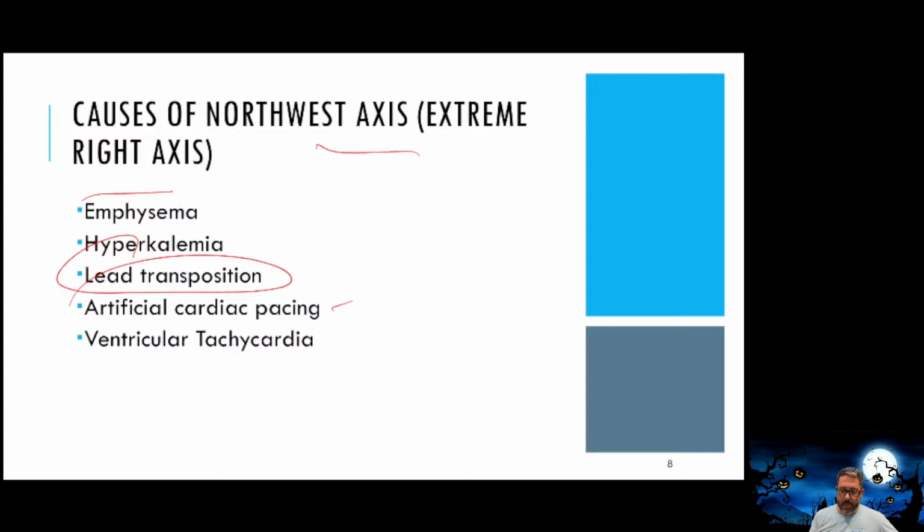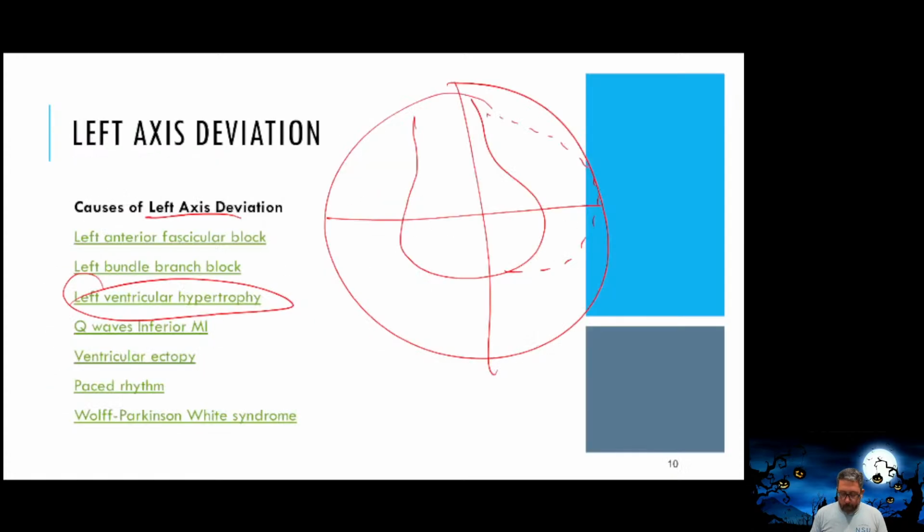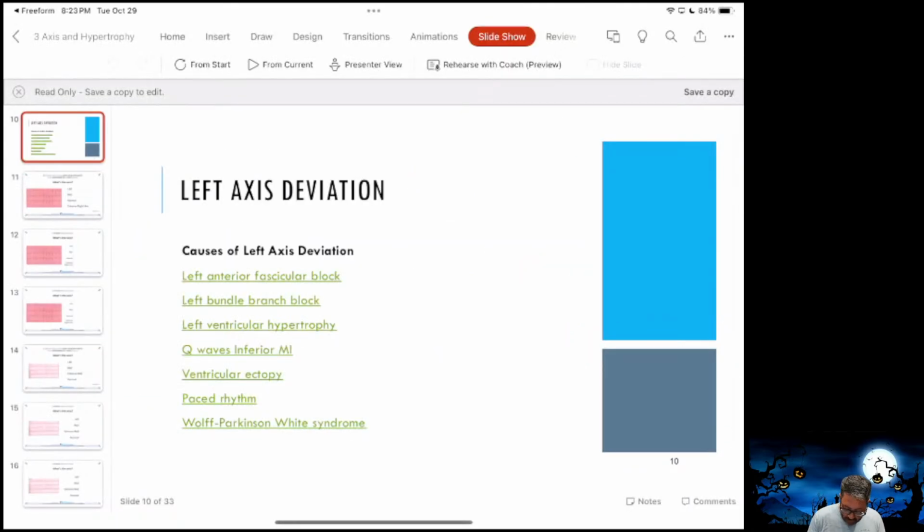The leads, the way they go in the heart, don't follow the normal progression so much, so you can get some axes that are off. So I hope that clears up right axis deviation. And you said 235 was that one on their slides? Okay, let me see.